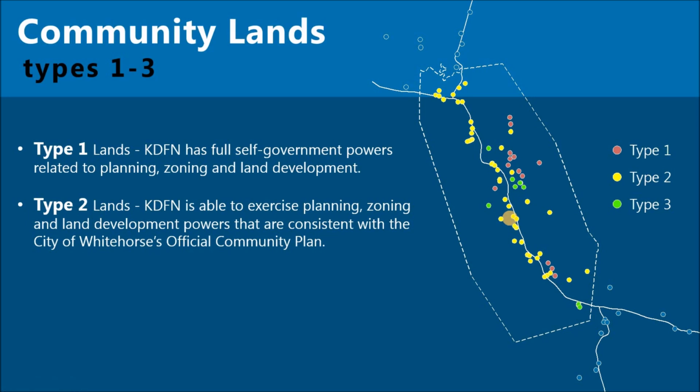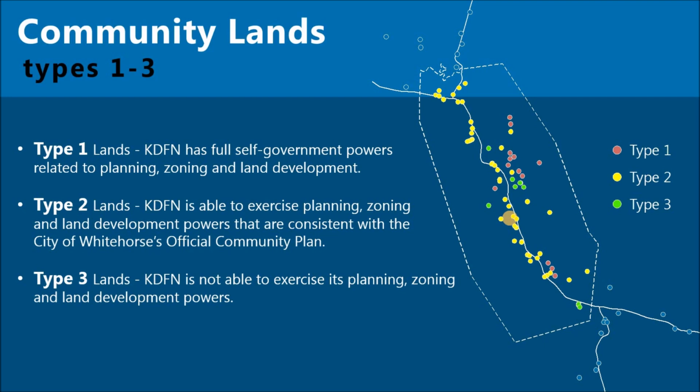And then we move to the type 3 parcels, and on type 3 parcels, again on this image here indicated by the green dot, Kwalendon is not able to exercise any planning, zoning, or land development powers. So in effect, your type 1 lands are those lands that Kwalendon has the most authority on.